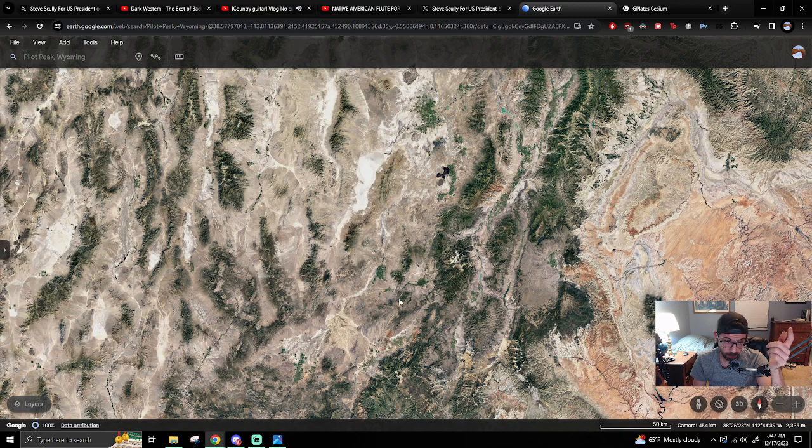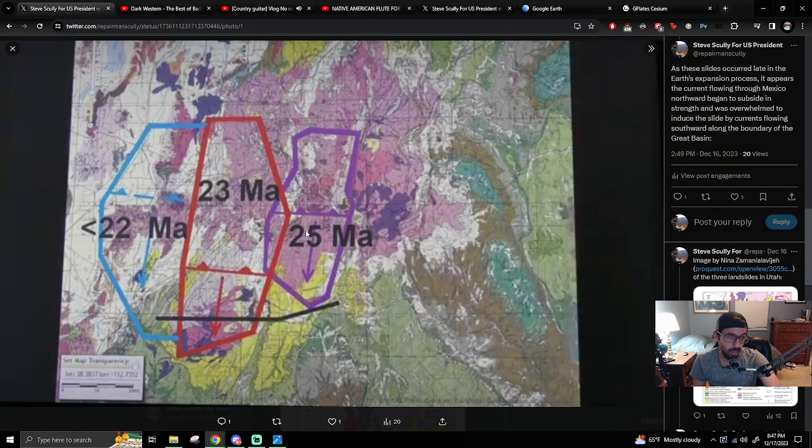So it moves these chunks, doing so like this. 25 million, so this is where it came from, and then this is the region where it begins to be like the slide region down into here. Anything above this is the source, and then below is the deposition. Source, deposition, source, deposition.